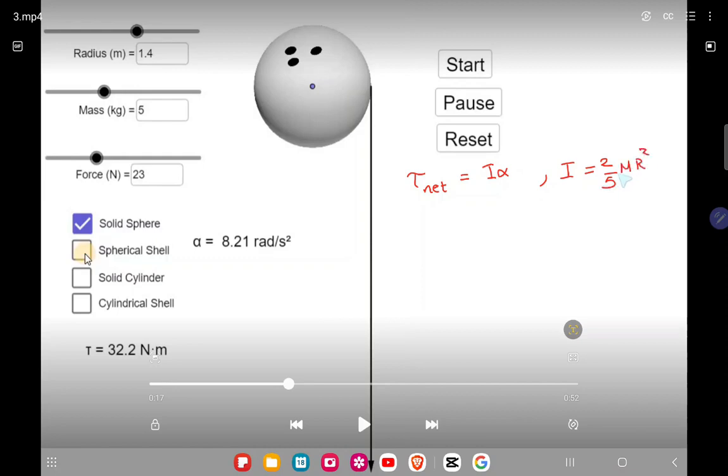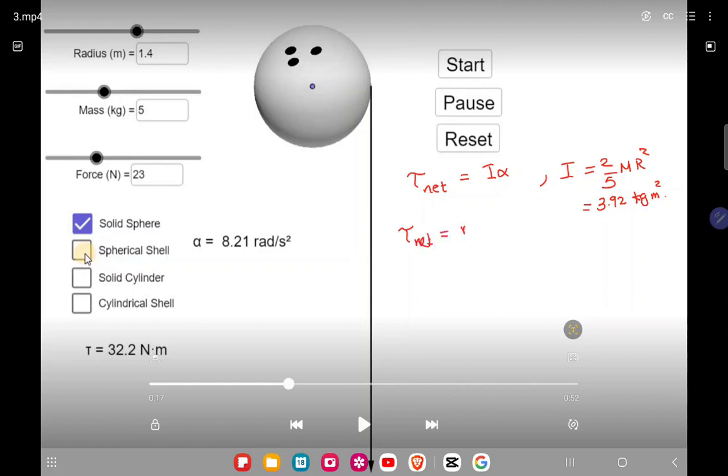When you calculate this, with m equal to 5 kilograms and r equal to 1.4 meter, I will be equal to 3.92 kilogram meter square.